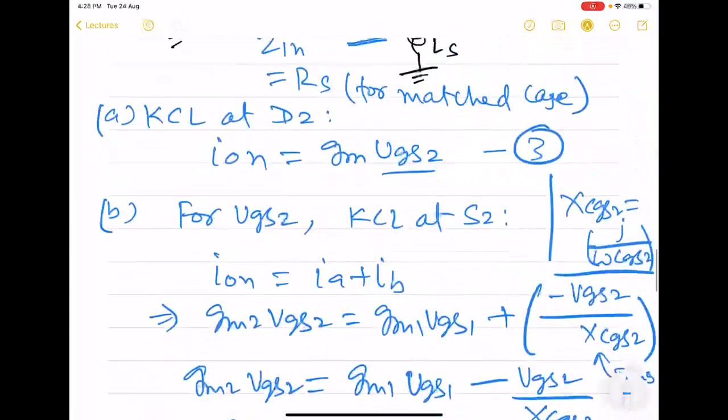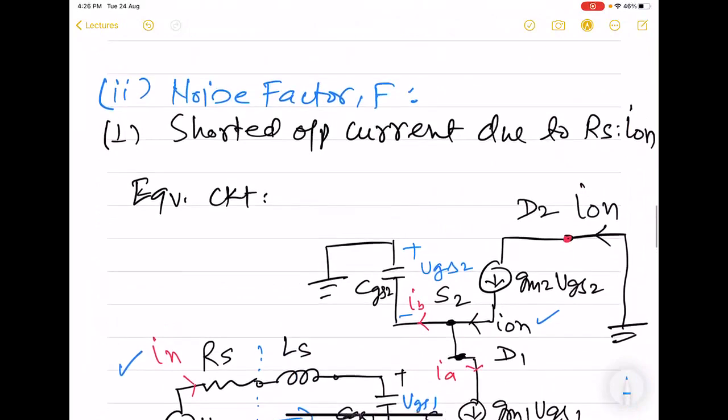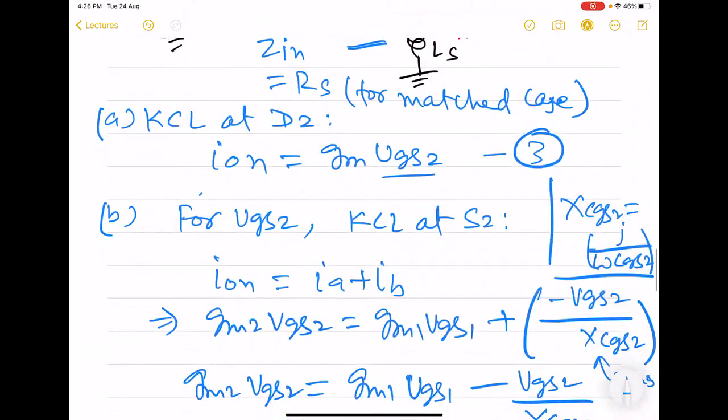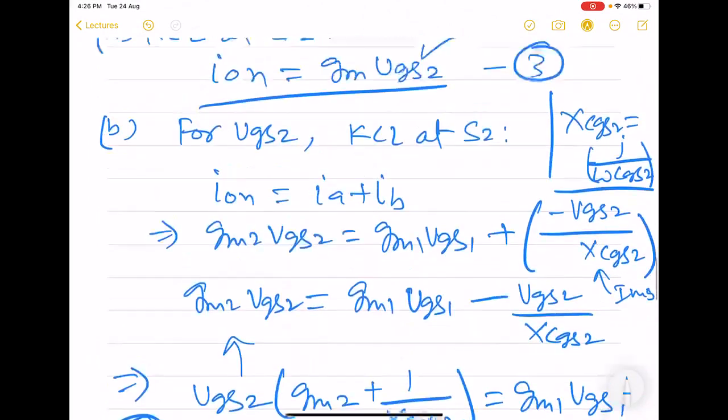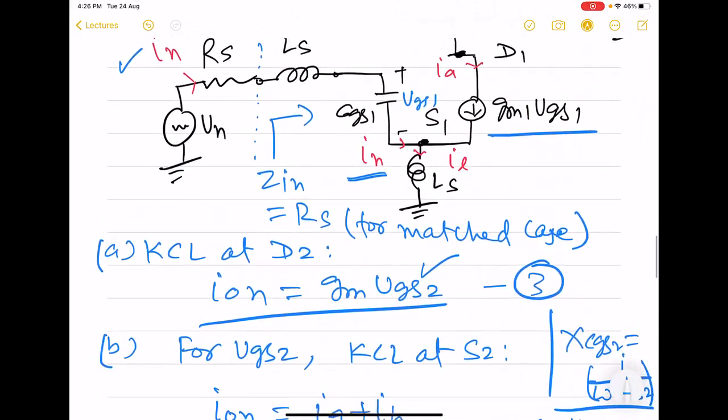Now we can go to our first equation, the KCL at drain 2, that is equation number 3. We have now determined VGS2, so we can find out what will be RUN. By the way, this is GM2.